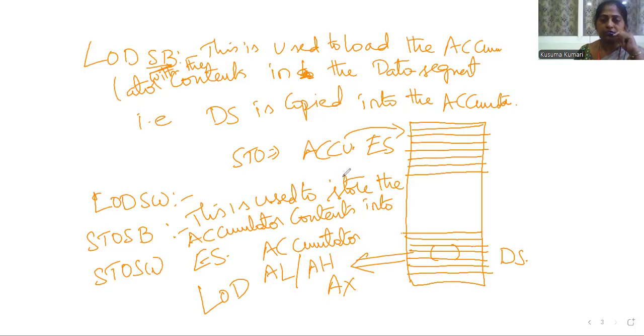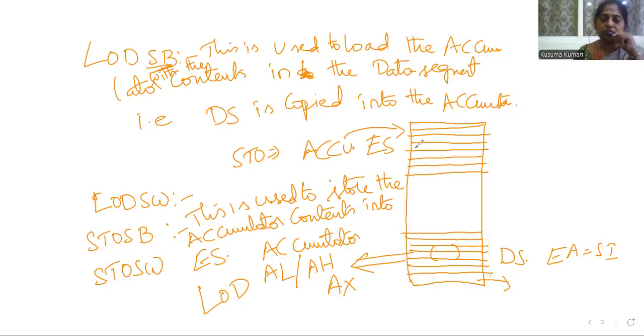That is the difference. But here, in order to identify the memory location, segment base is required, and effective address is required. For all the string related instructions, for the data segment, the effective address is available in the source index.